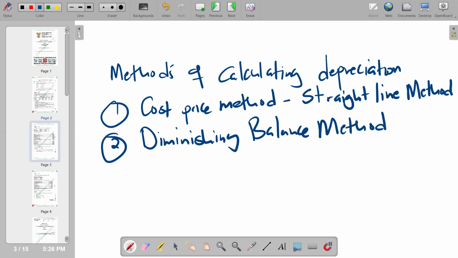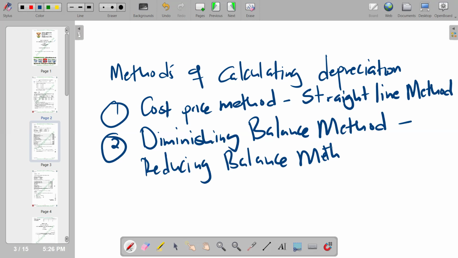The diminishing balance method is also called the reducing balance method, or the book value method.